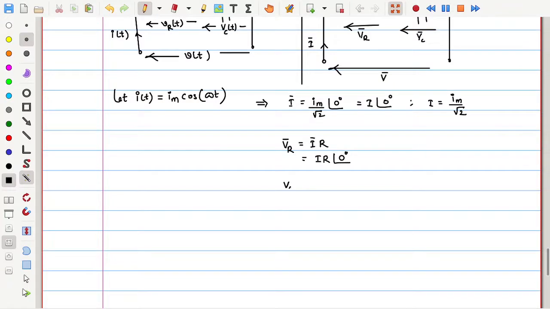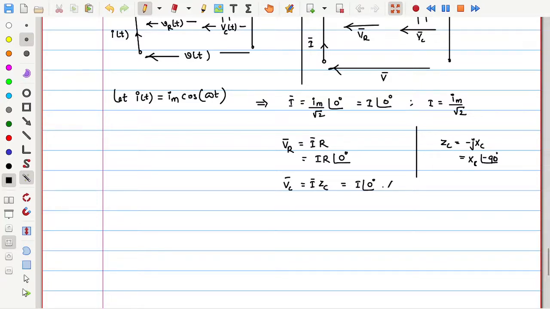Now what about VC? I into ZC. How much we will get? I is I at an angle 0, ZC is, what is ZC? Let me write here, ZC is equal to minus JXC, which can be written in polar form as, tell me, XC at an angle of minus 90.